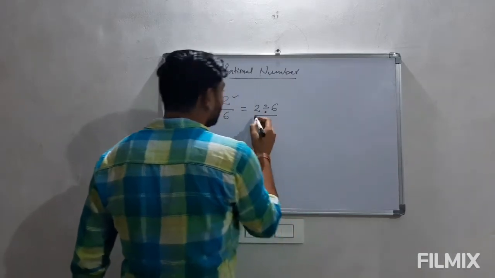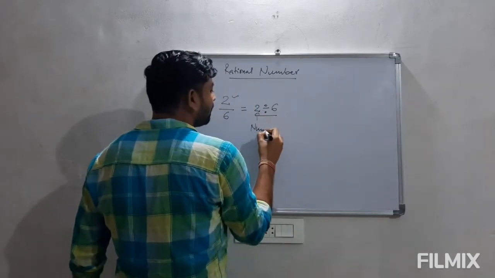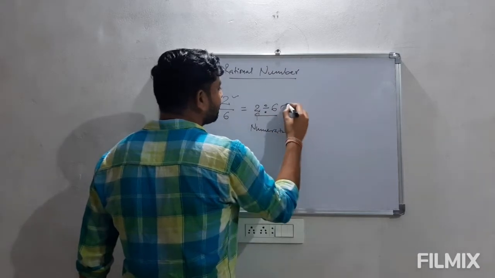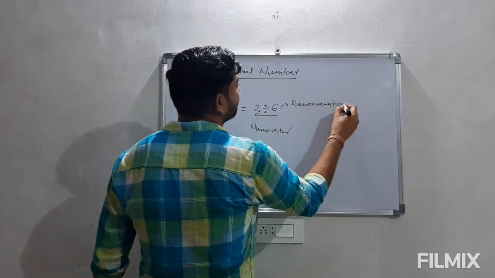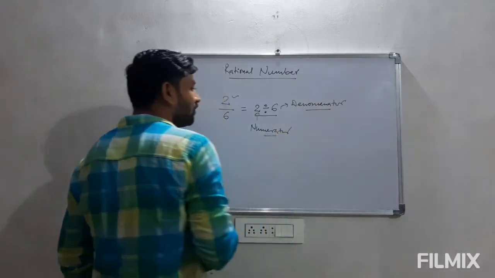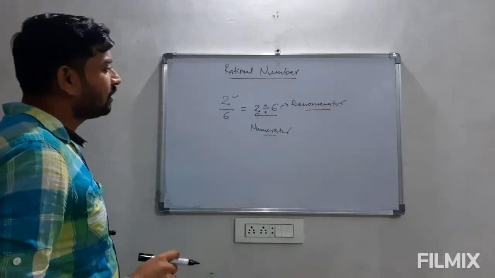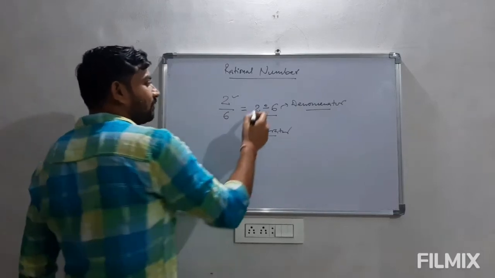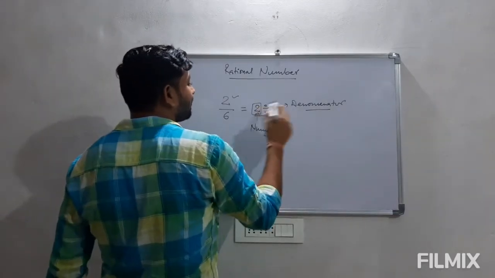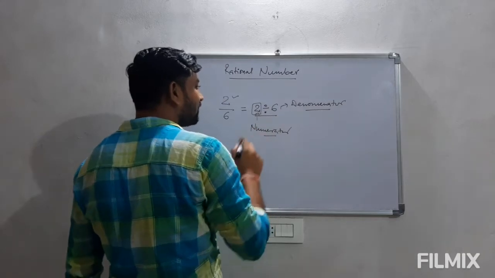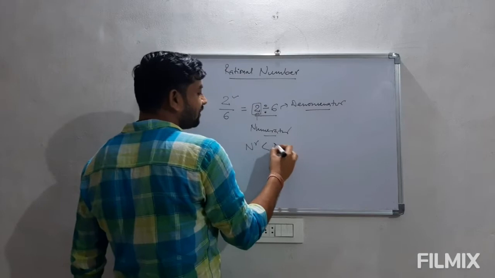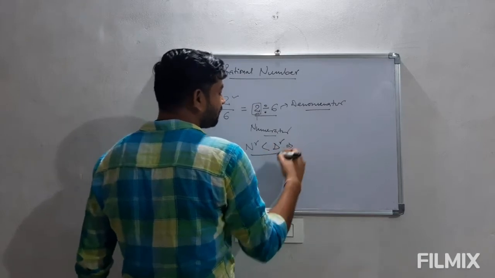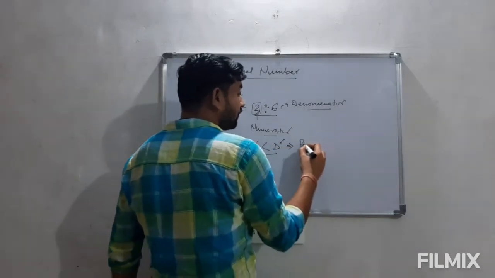Here the value of the numerator is 2 and the value of the denominator is 6. The numerator is smaller than the denominator. When the numerator is less than the denominator, we call such a fraction a proper fraction.